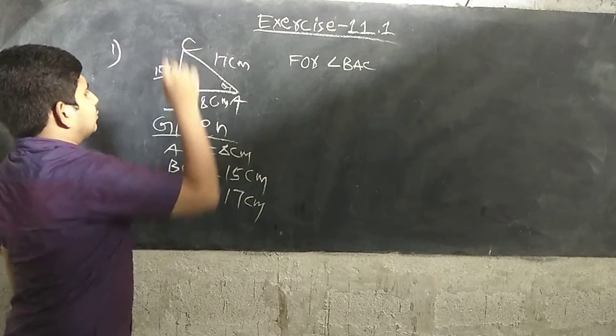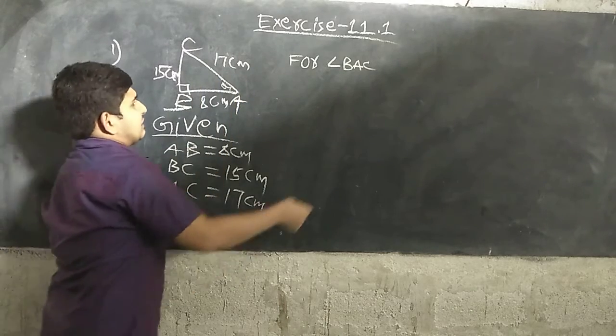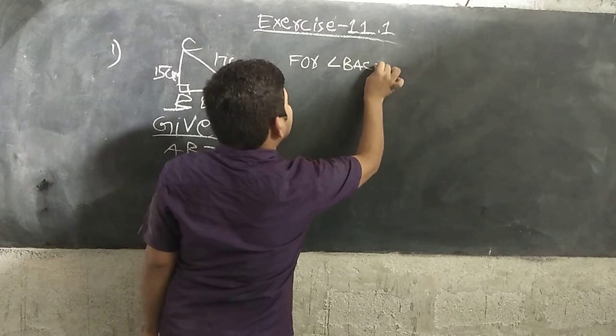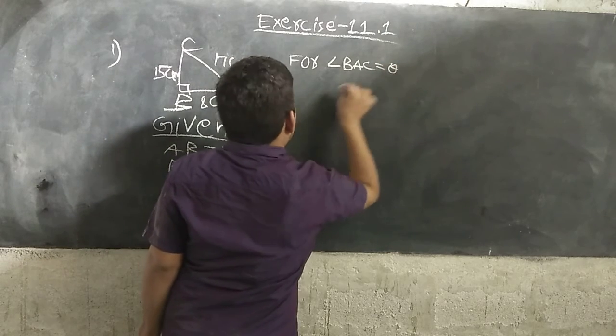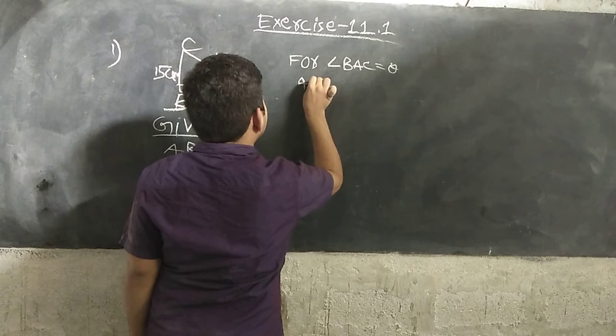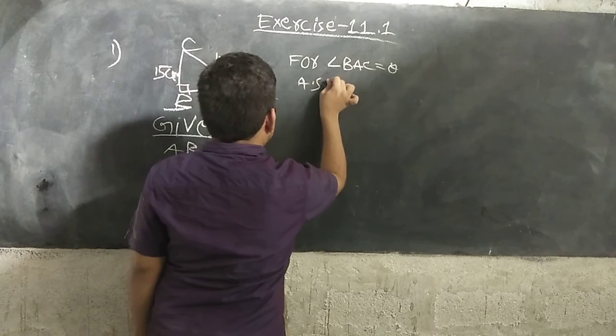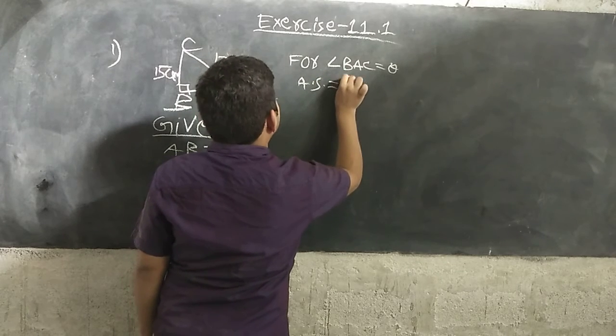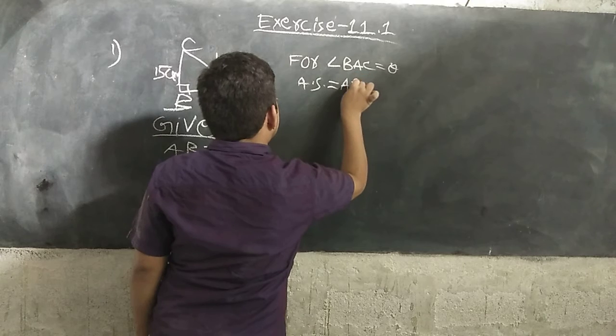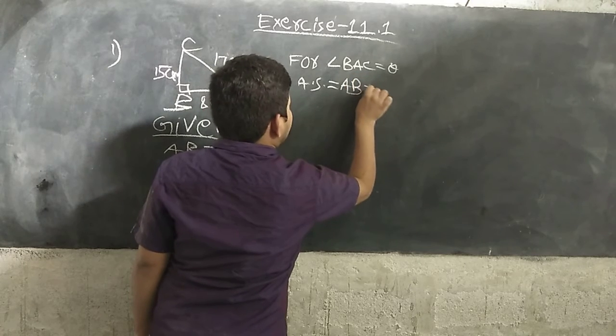Now theta: adjacent equal to AB, AB equal to 8 centimeters.